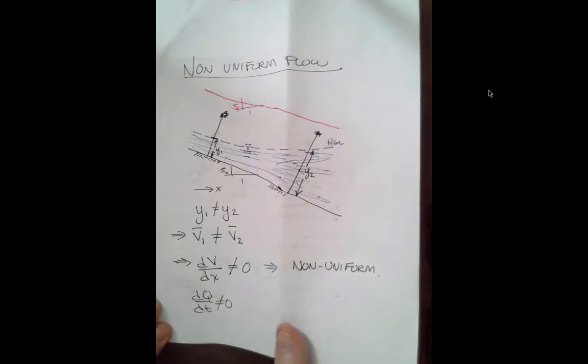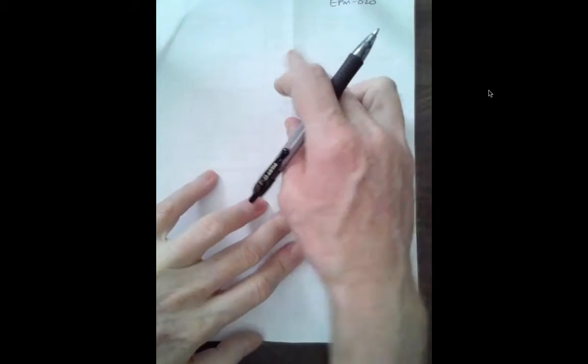Like in pipe flow, there are some dimensionless numbers that are important in open channel flow, and I'm just going to state them here without any derivation or development.